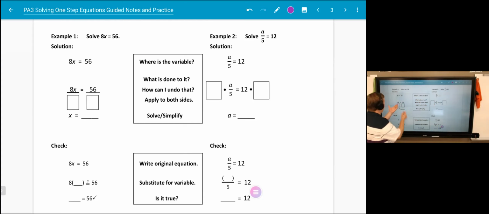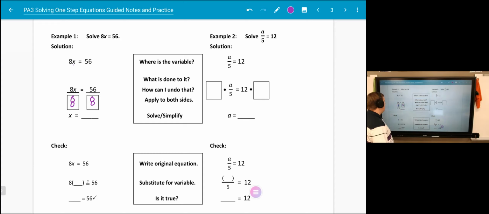Where is the variable? The variable is right here. And if you remember, if you've got a number next to a letter, a variable, right? What we call that is multiplication. If you don't see a symbol in there that you recognize, it's multiplication. 8x means 8 times x. And to get rid of multiplication, I do division.